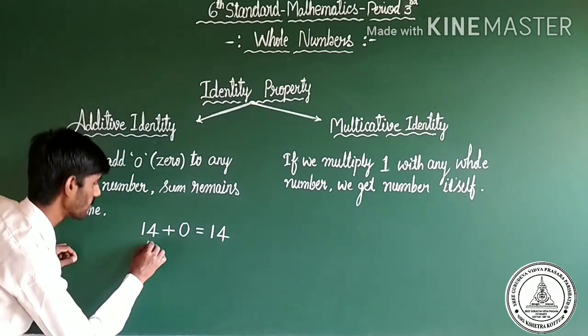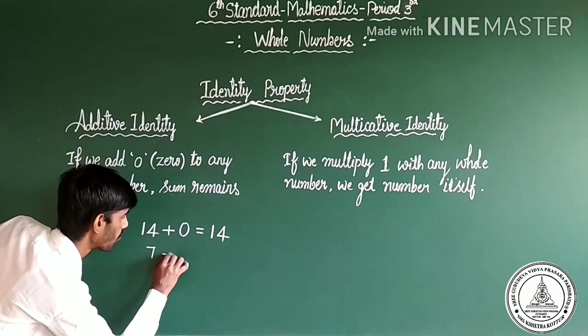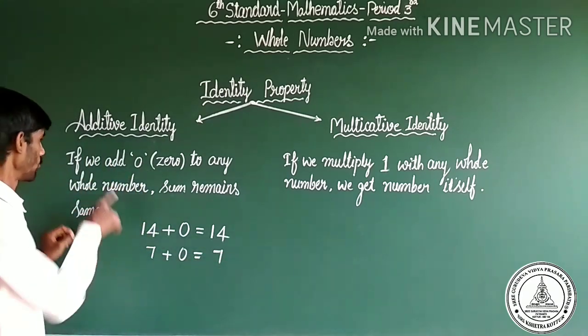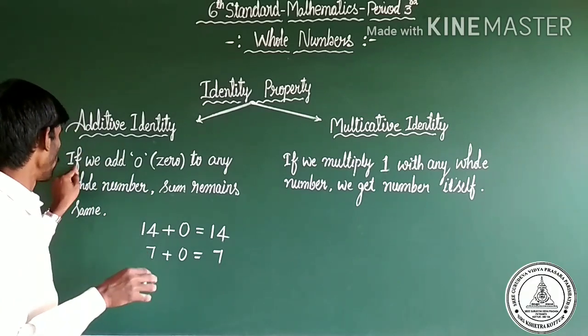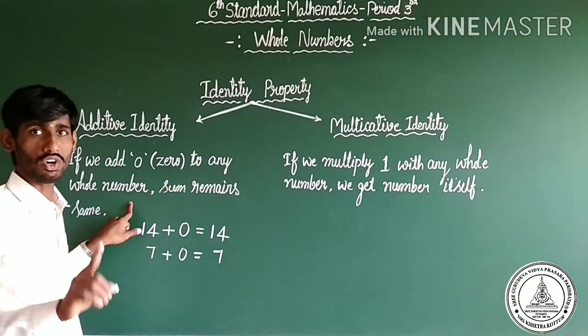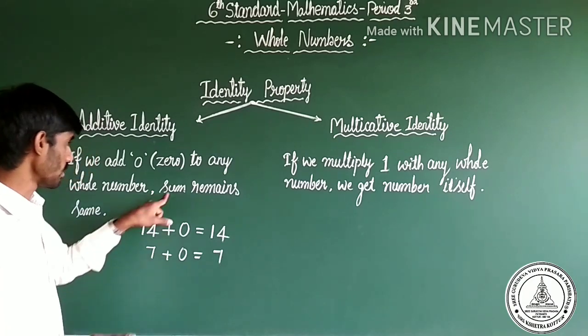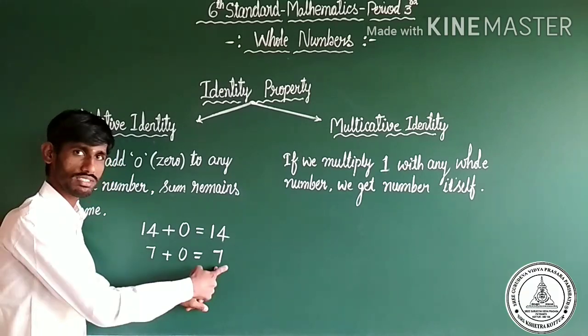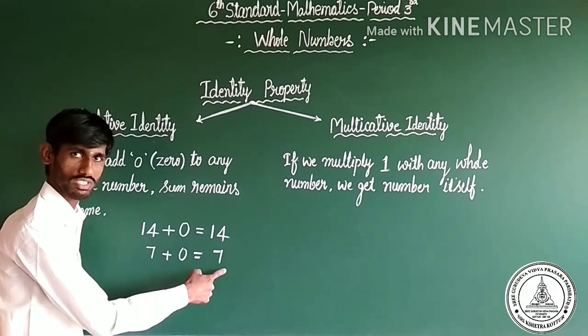One more example. 7 plus 0 is equal to 7, because according to the statement, if we add 0 to any whole number, the sum remains the same.